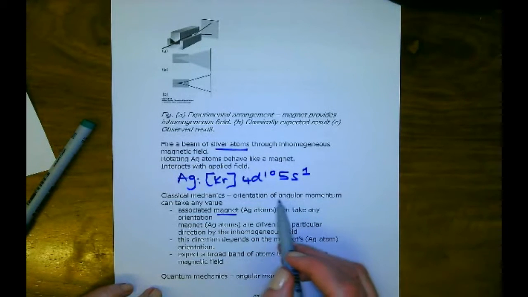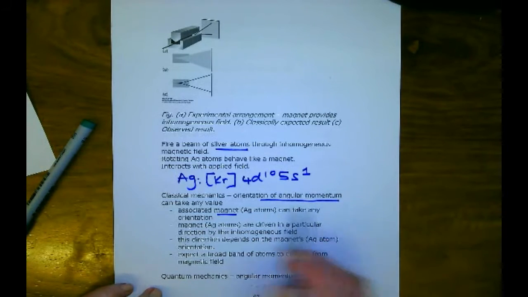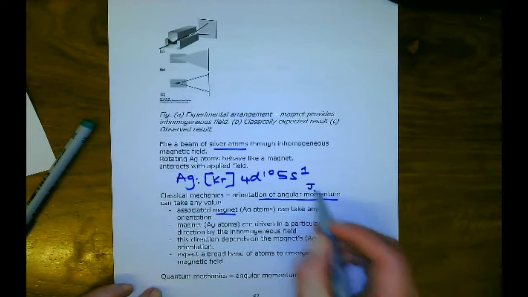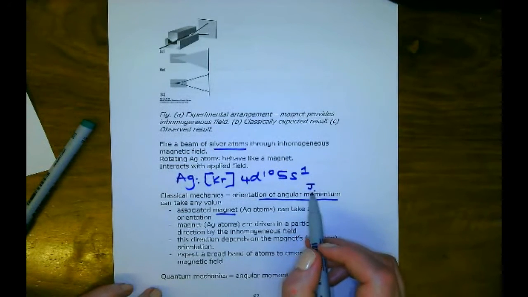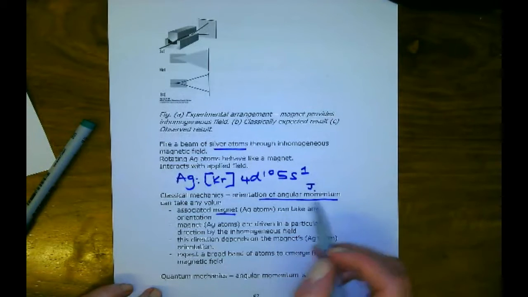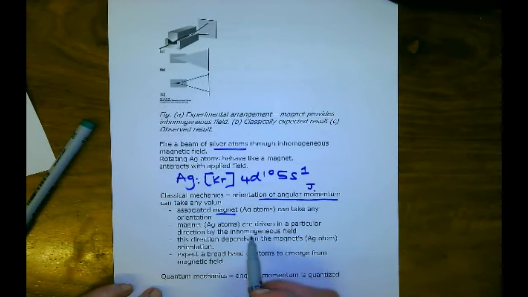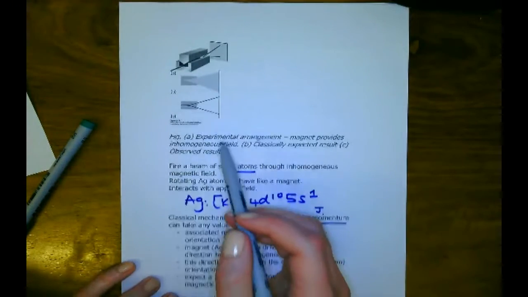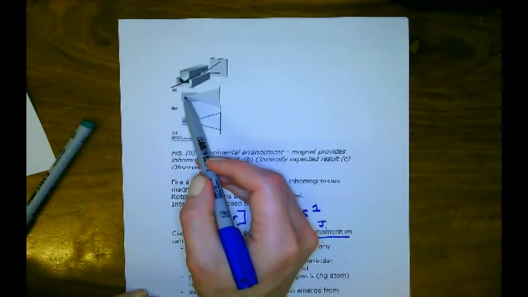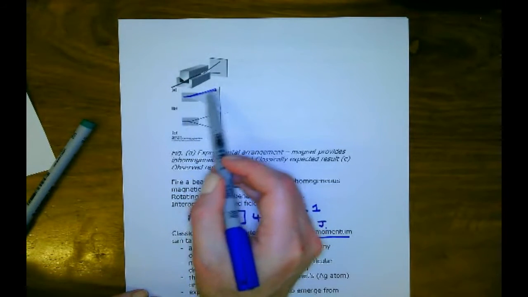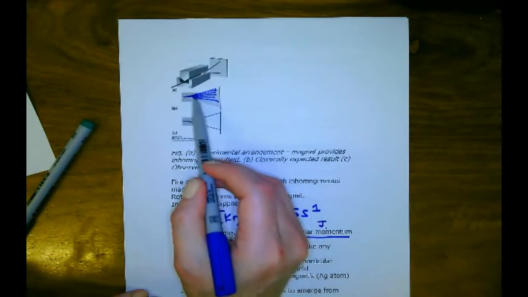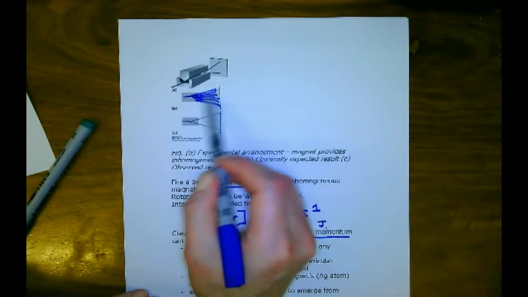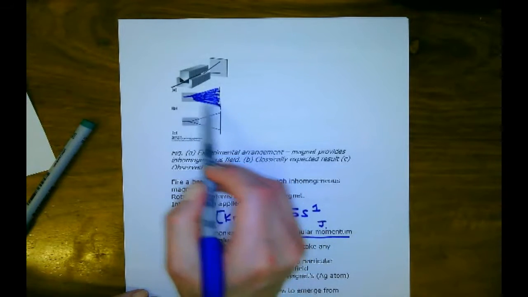And let's assume the orientation of the angular momentum, so this J that we've said has to be quantized, can take any value. If it can take any value, the magnetic field will allow the atoms to be spread in any direction.